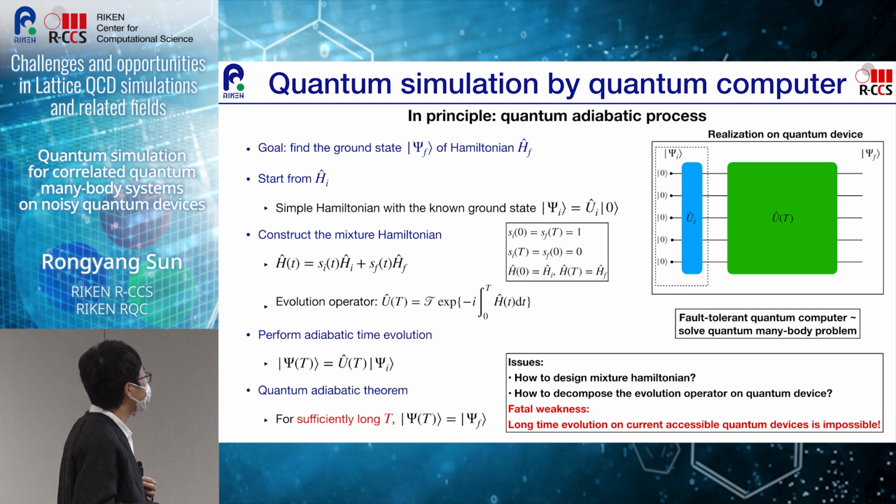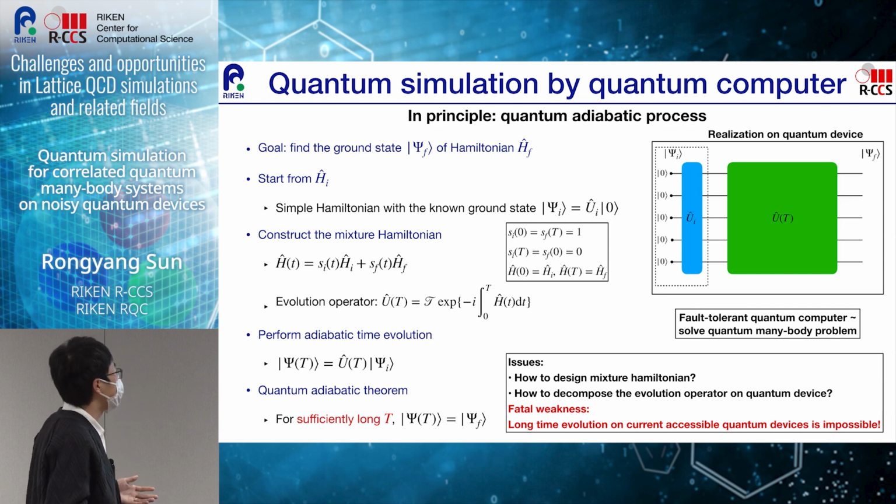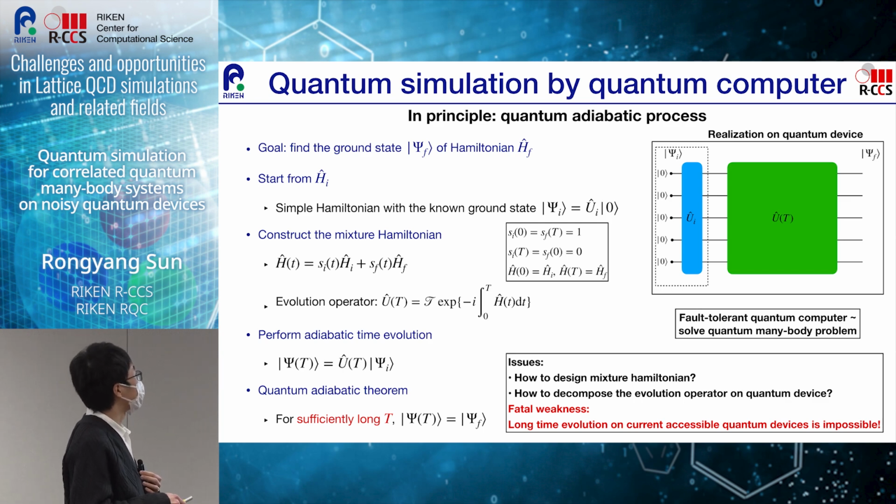Based on the quantum adiabatic theorem, for a sufficiently long time you can get a state very close or equal to the ground state of the Hamiltonian H_F. On a quantum computer, you can also realize such a very complicated unitary operator and update your initial state, and finally create the ground state of the Hamiltonian of interest.